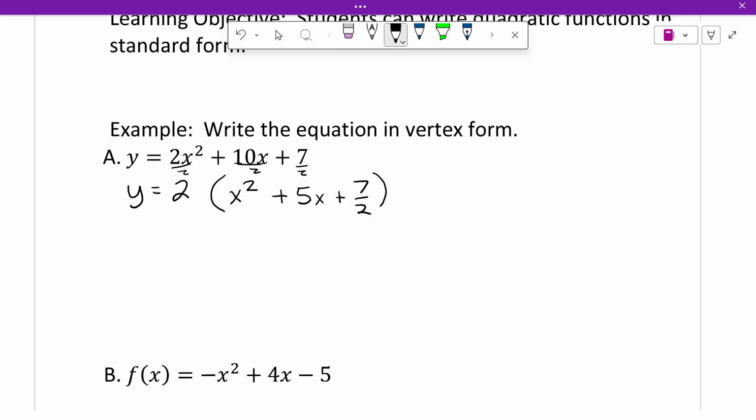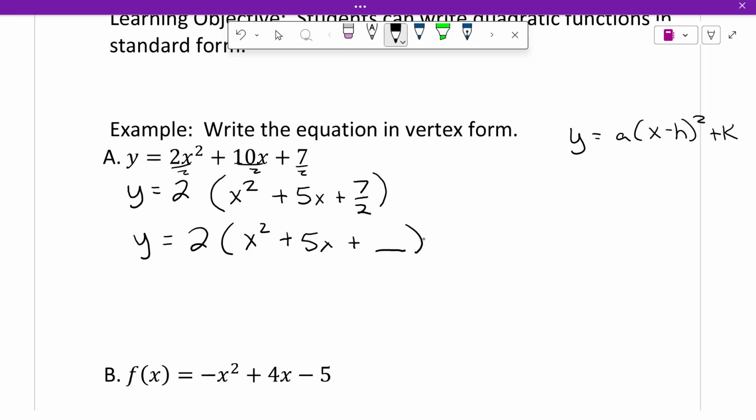Now here's where the complicated stuff comes in. Because vertex form is y equals a times x minus h quantity squared plus k, right? So y equals 2 x squared plus 5x plus blank quantity squared plus, and then we go back to the original, which is 7, because if we take out a 7 halves, oh, we don't have a squared here yet.